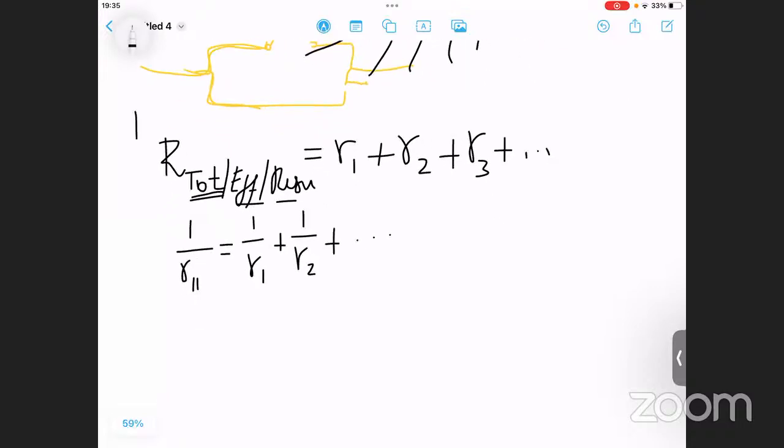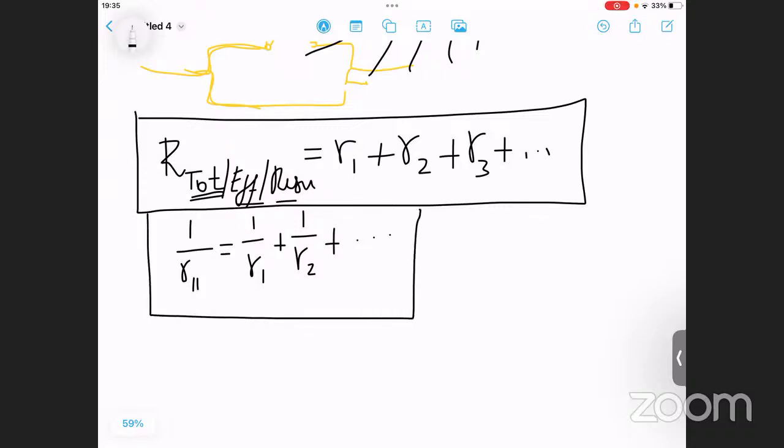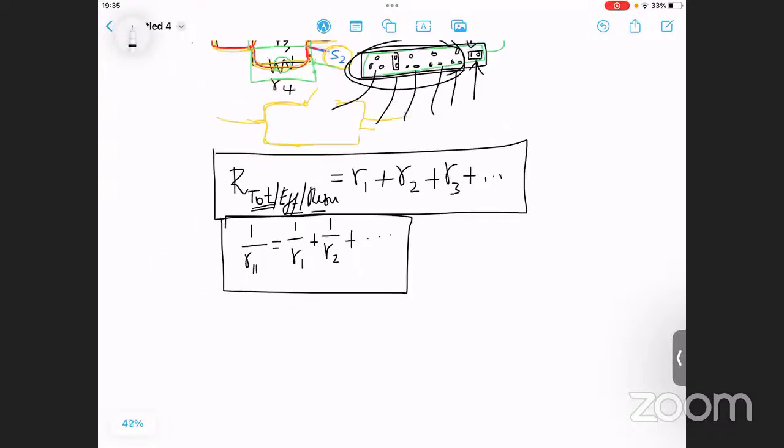Before I go deeper, let me explain these two formulas: this one is for calculating R total for the whole circuit. That one is for calculating R parallel.